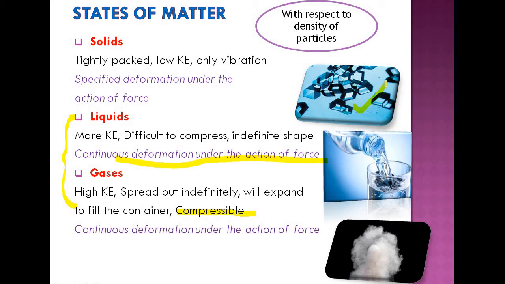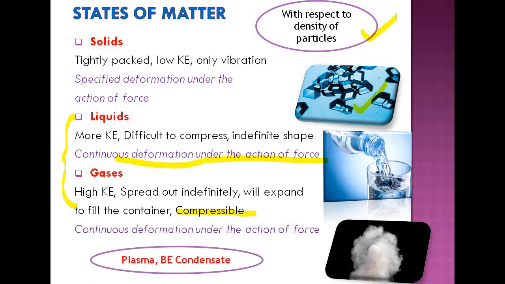The classification is essentially based on the density, or the extent of packing, of molecules. In addition to these three states of matter, we have plasma as the fourth state of matter, and of course the Bose-Einstein condensate as the fifth state of matter. That is outside the scope of this syllabus.